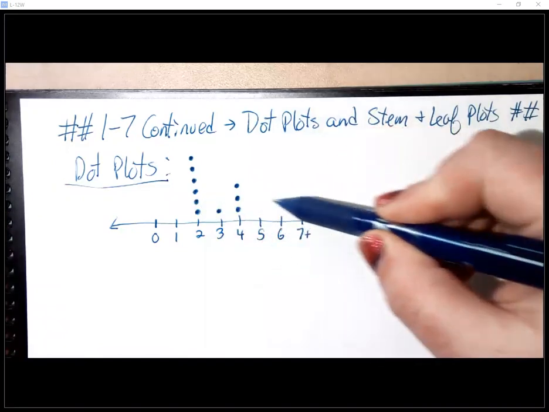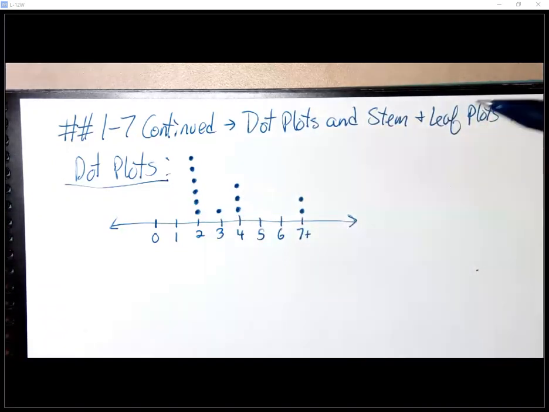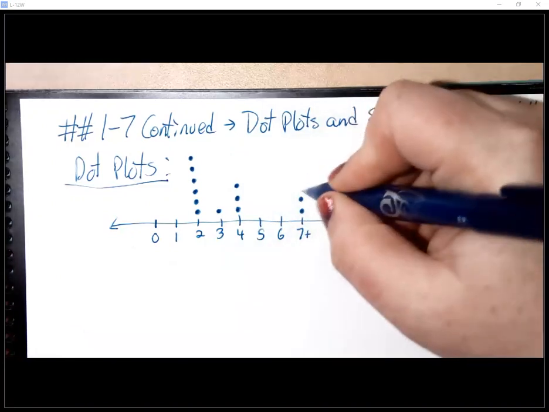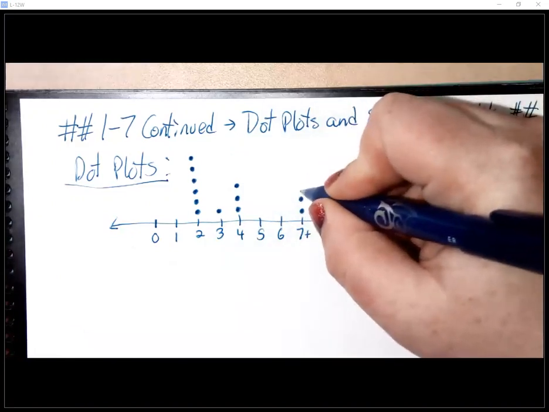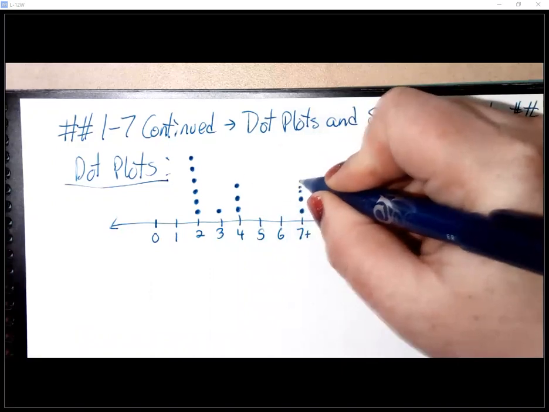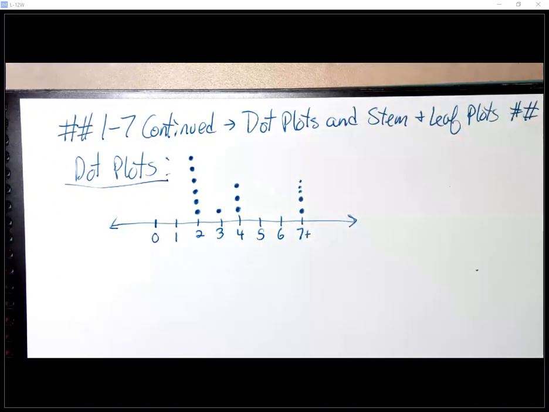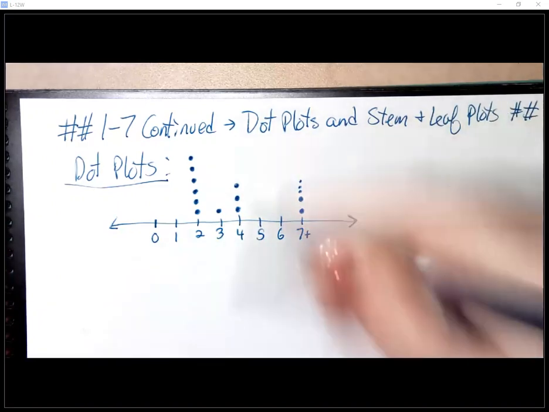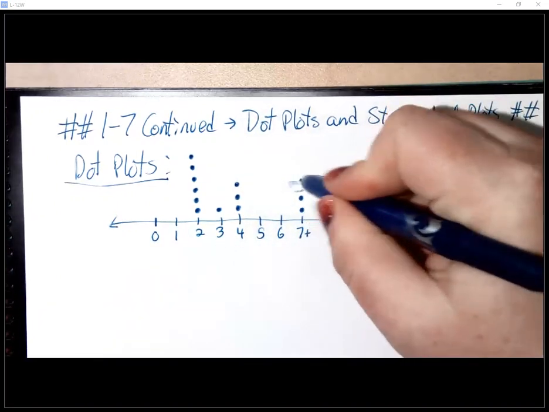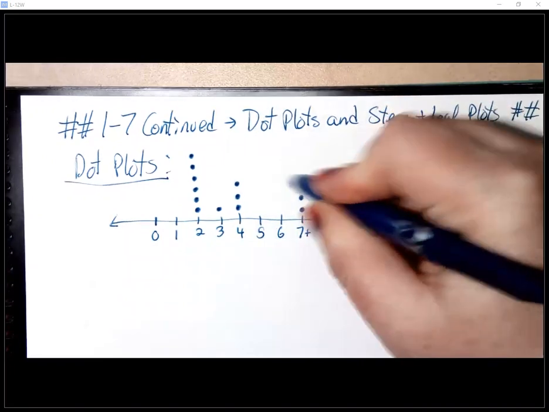Sometimes kids will add a whole bunch of little dots, so then it looks like 4 and 7+ are at the same height. Don't do this on your paper. You really got to line them up nicely. But those are dot plots, super easy. Love them, easy peasy.